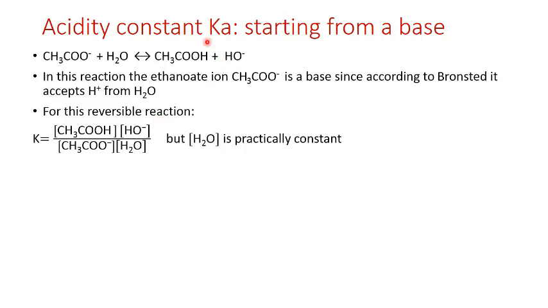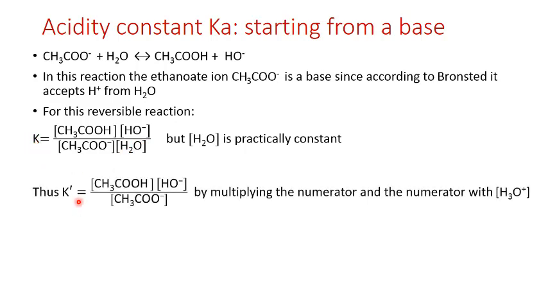Take into consideration that the coefficients here are 1 and 1, so we will not find any exponent here, over that of the reactant, exactly as we did in the previous slide. In the same way, H2O is practically constant, so we can eliminate it, or rather replace it by a constant that we multiply by K to obtain K prime. So we will obtain simply these three terms alone.